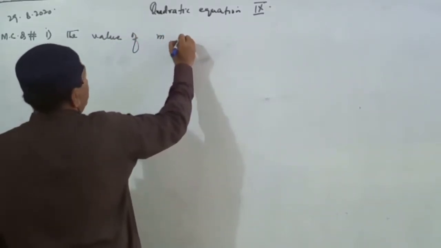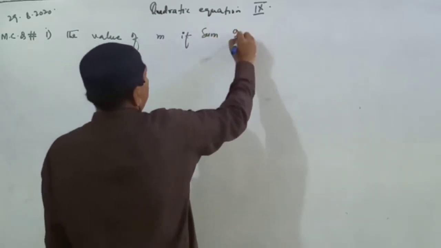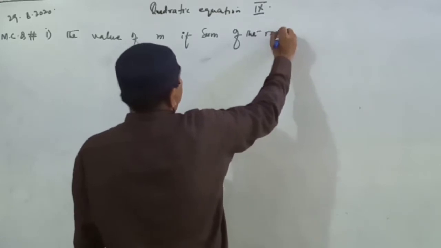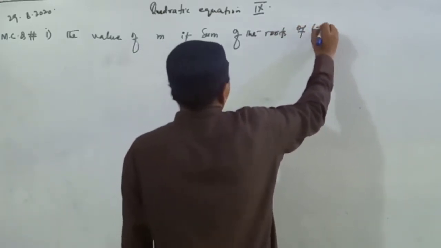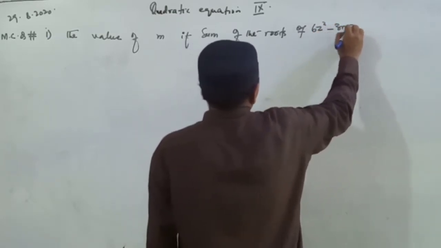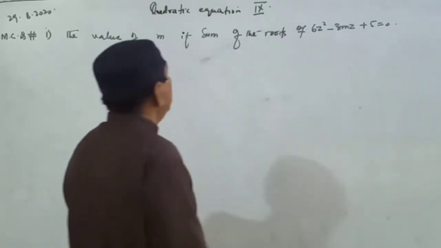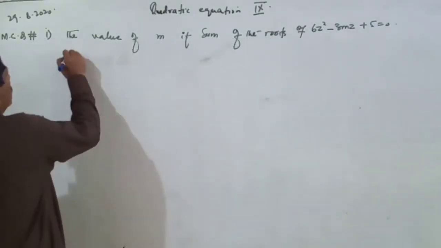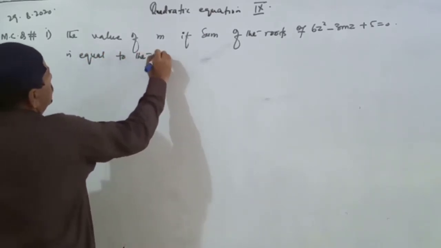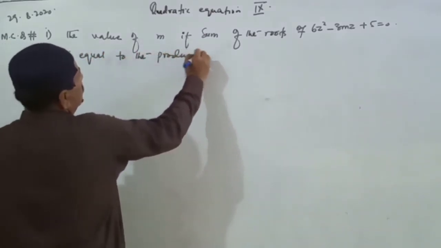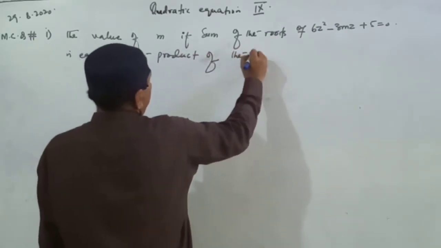The value of m if the sum of the roots of 6z square minus 3mz plus 5 is equal to 0 is equal to the product of the roots.